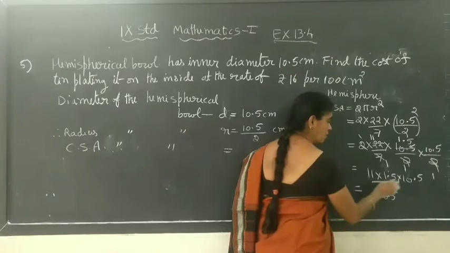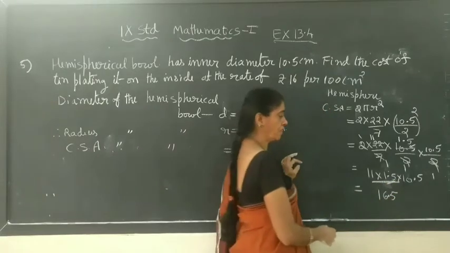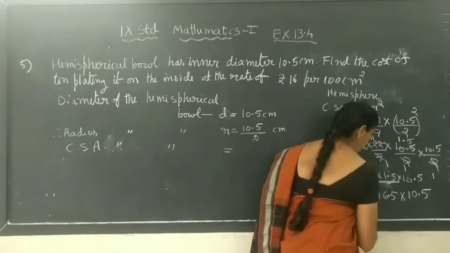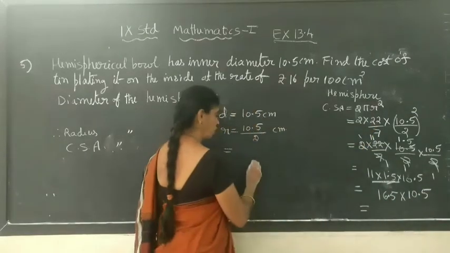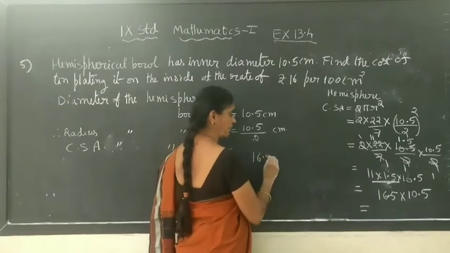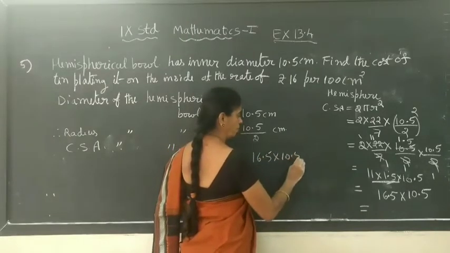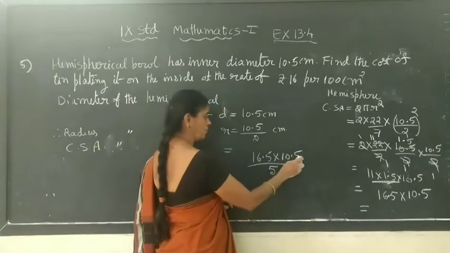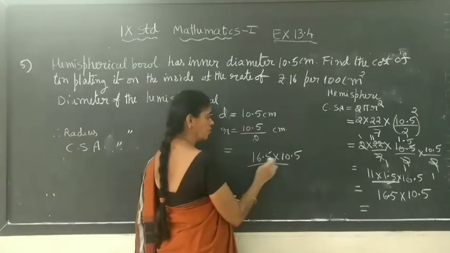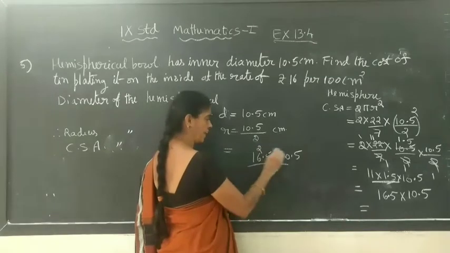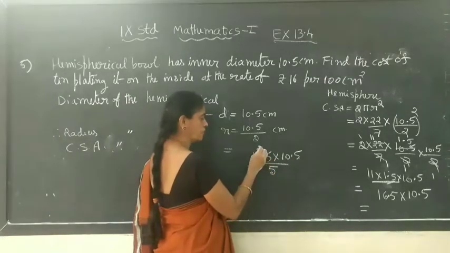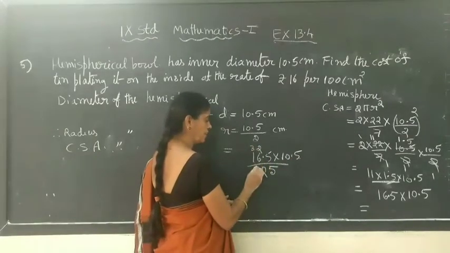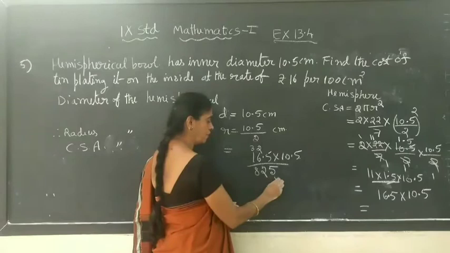Okay, so when you multiply these two, you will get 16.5 into 10.5. So we will do it separately. It is 16.5 into 10.5. Multiply first by 5: 5 ones are 5, 5 5s are 25, 2 in hand, 5 6s are 30, 30 plus 2, 32, 3 in hand, 5 ones are 5 plus 3, 8. Now 0, leave 1 place.